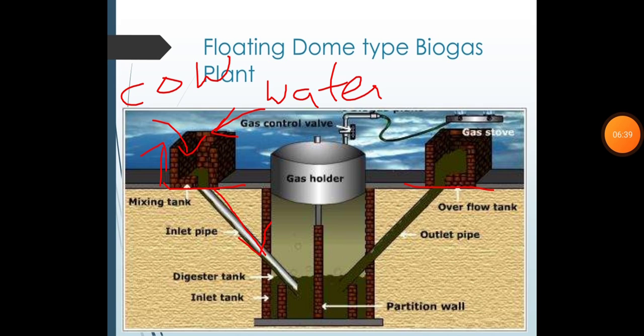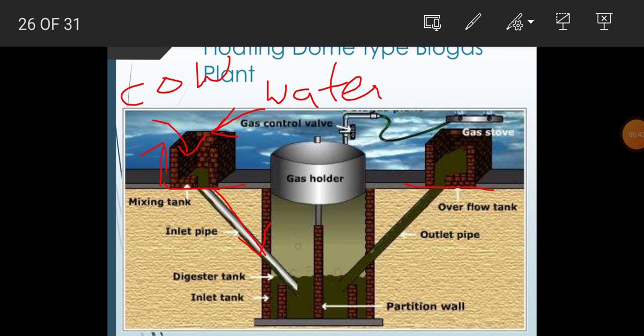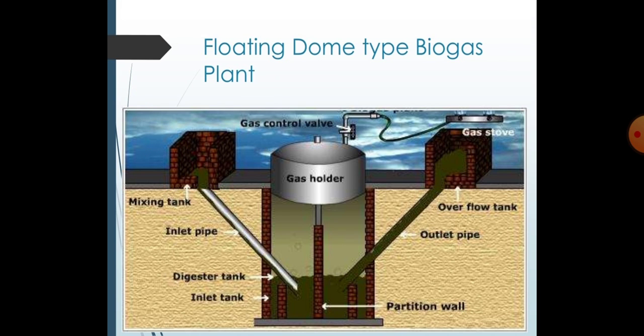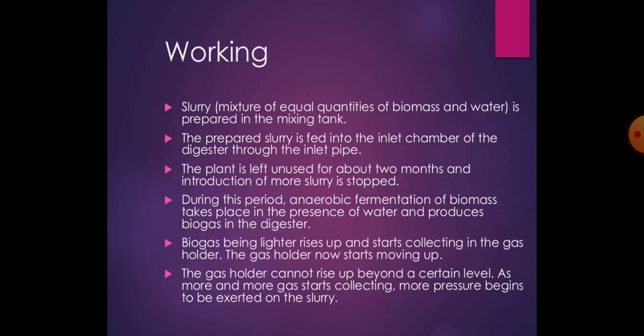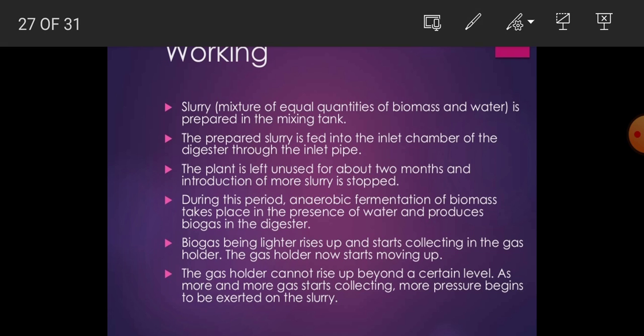So let's read the working point by point. The first point says that first the slurry, that is a mixture of equal quantities of biomass or bio waste and water, is prepared in the mixing tank.